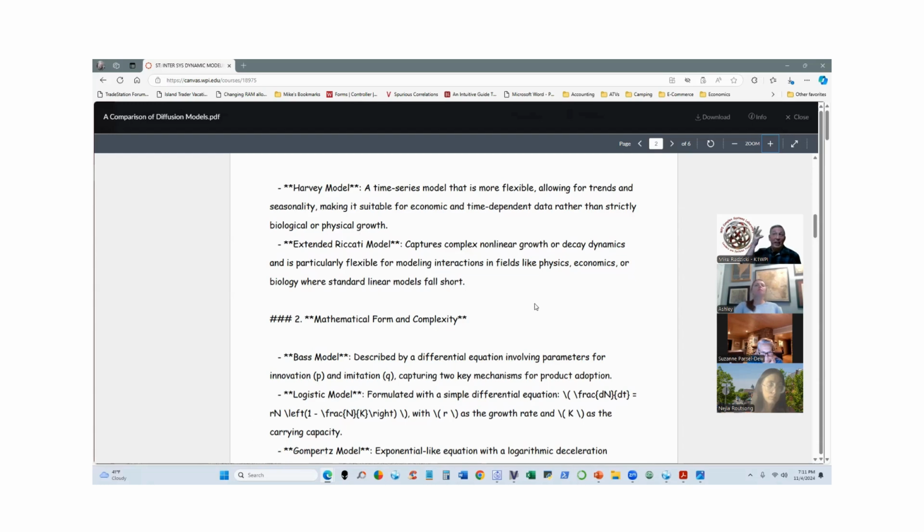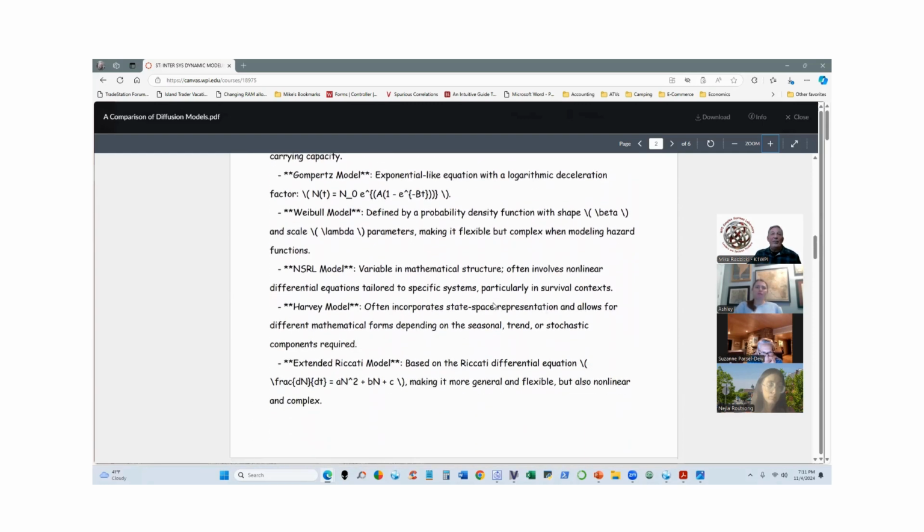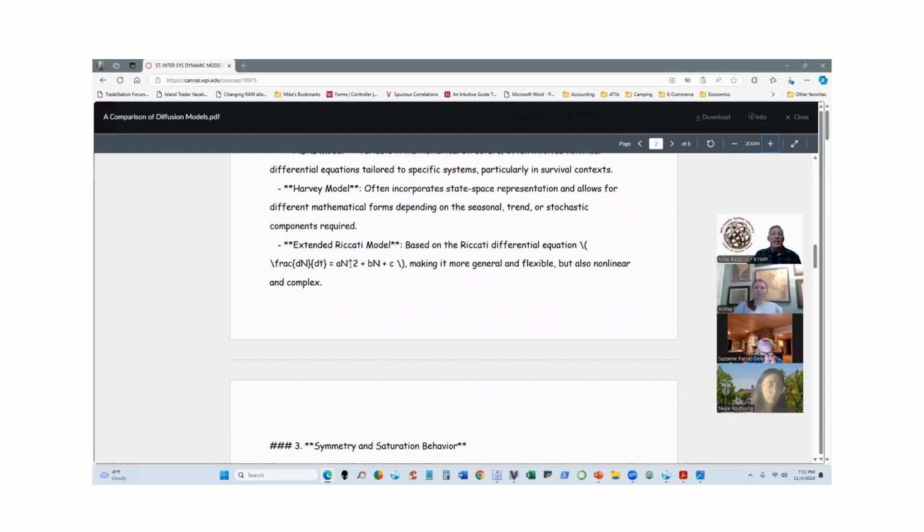So I would think, okay, if the Bass model isn't getting it done, this might be a place to look. Then it starts saying, let me give you the math. So here's the extended Riccati, and it put in these stupid slashes here. But remember in the first course, when we took Lotka-Volterra and the Richardson arms race model, and we said, oh, look at the math, it's right out of calculus class.